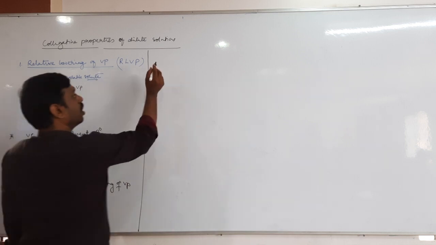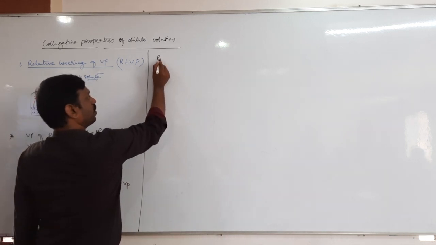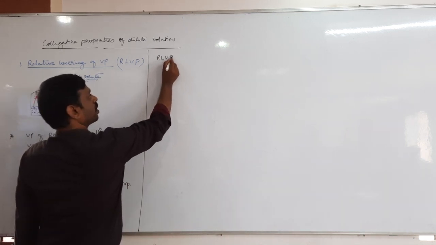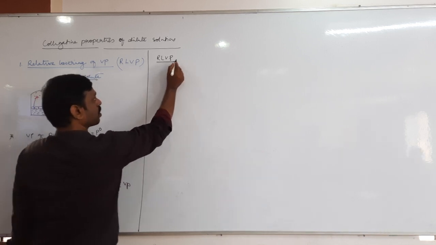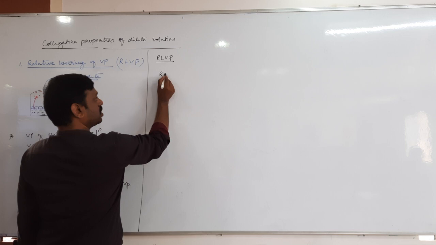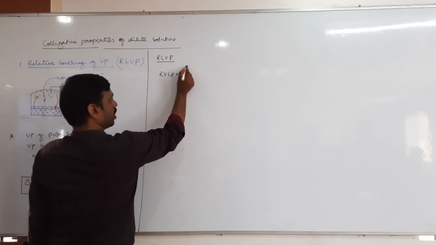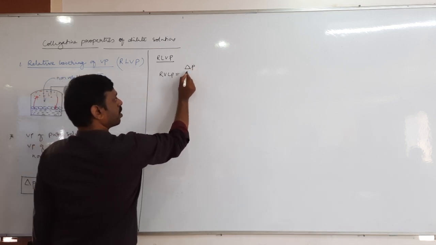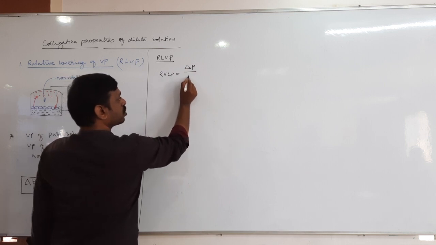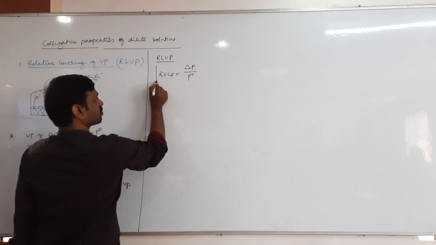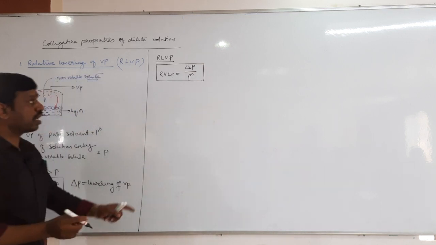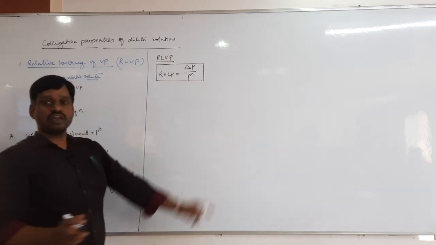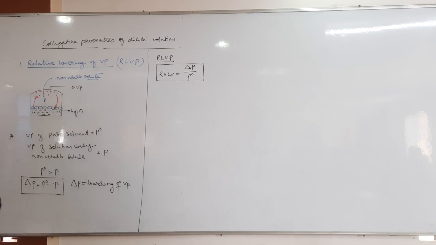Then next, what is RLVP, relative lowering of vapor pressure? RLVP is equal to the ratio of lowering of vapor pressure to the vapor pressure of the pure solvent. It is the ratio of lowering of vapor pressure to the vapor pressure of the pure solvent that is called relative lowering of vapor pressure.